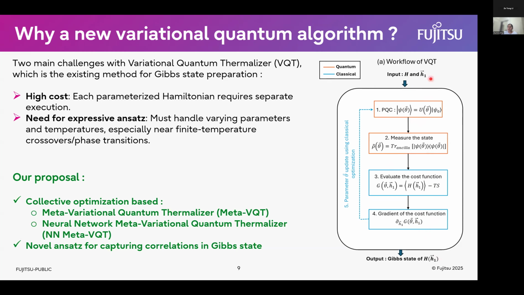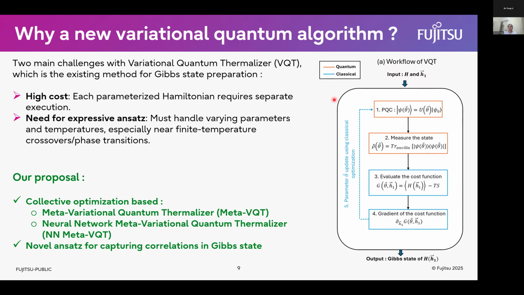For each parameter of this Hamiltonian, we need to run this entire optimization loop again and again, resulting in a higher cost. For each parameterized Hamiltonian, we need to execute it that many times. The second reason is that parameterized many-body Hamiltonians, as a function of the Hamiltonian's parameter, exhibit phase transitions or finite temperature crossovers.